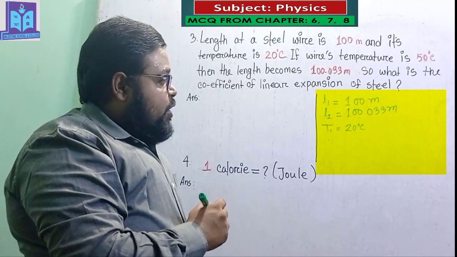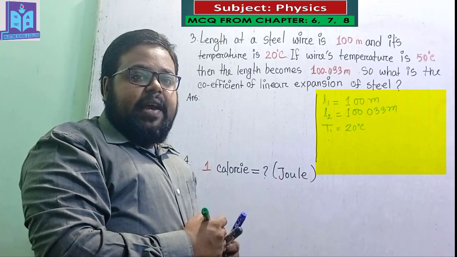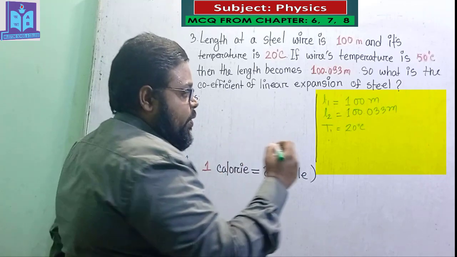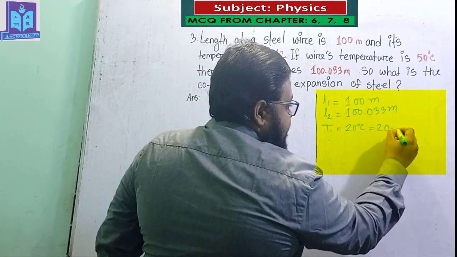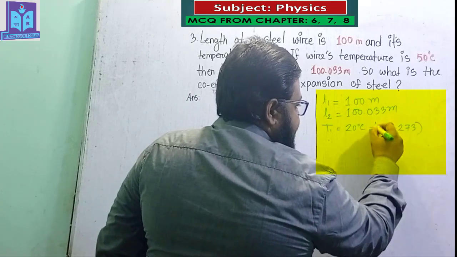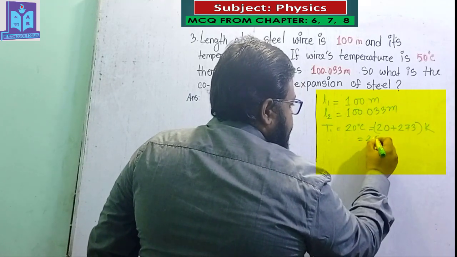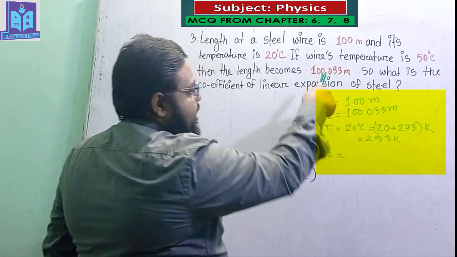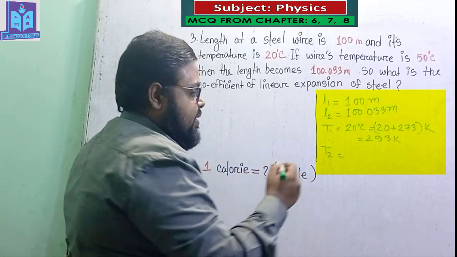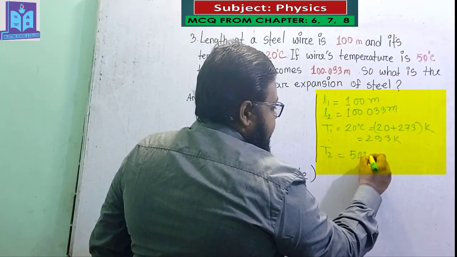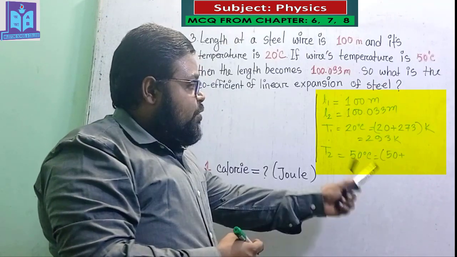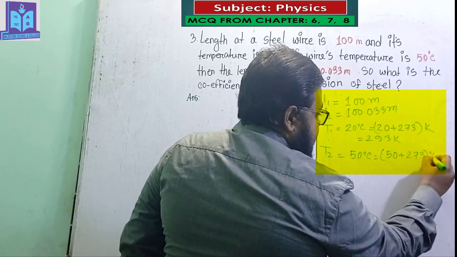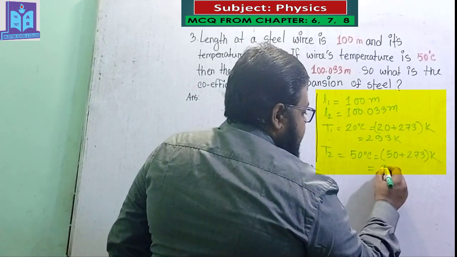If we add 273 to this degree Celsius, it will convert from the Celsius scale to the Kelvin scale. So 20 plus 273 equals 293 Kelvin. And the final temperature is 50 degrees Celsius, so we should add 273 to 50.